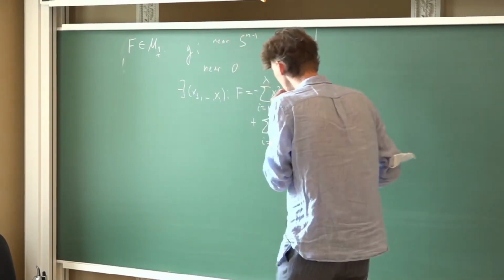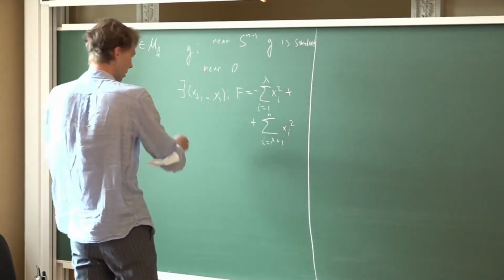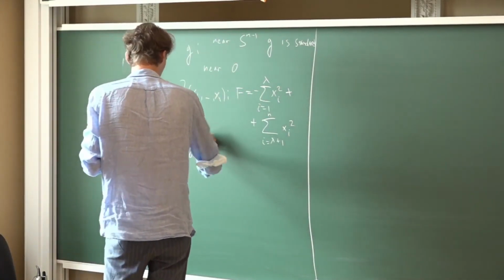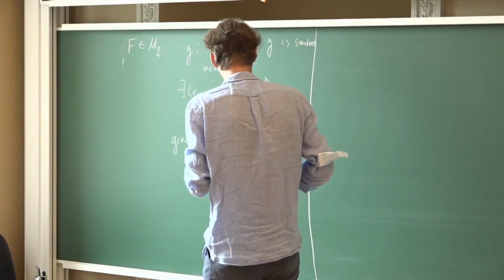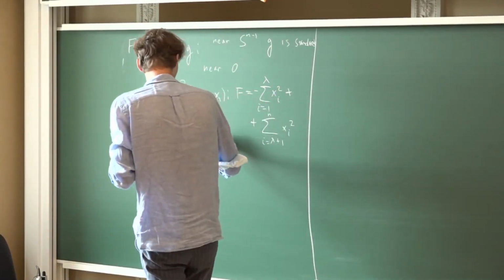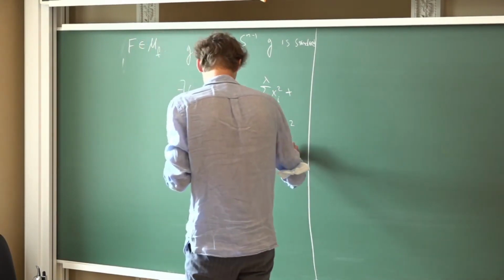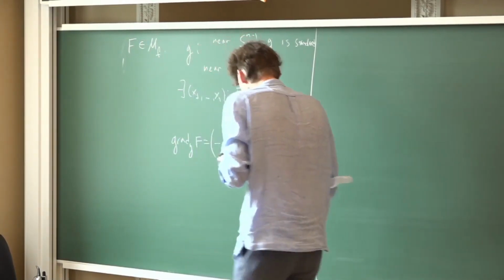And you want your metric such that the gradient of f with respect to this metric is what you would expect: minus 2x1, and so on, up to 2xn.